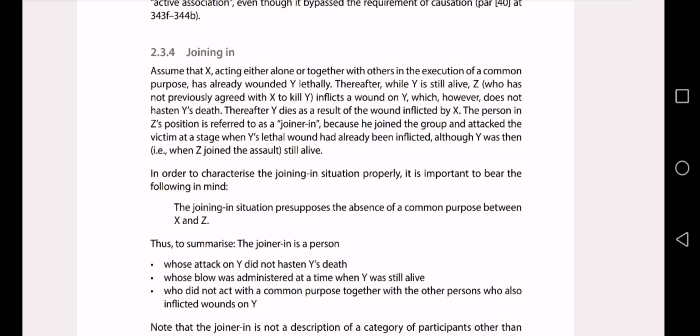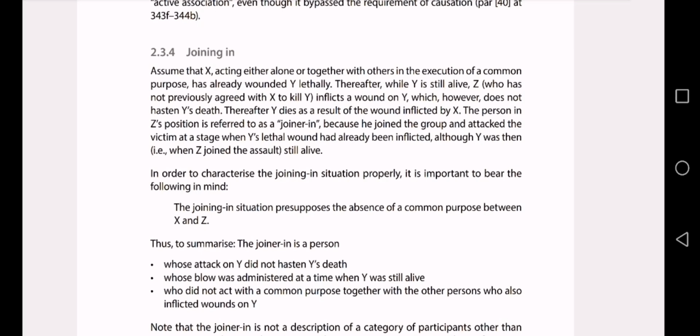Thereafter, Y dies as a result of the wound inflicted by X. The person in Z's position is referred to as a joiner-in because he joined the group and attacked the victim at the stage where the lethal wound had already been inflicted, although Y was then, that is, when Z joined the assault, still alive.